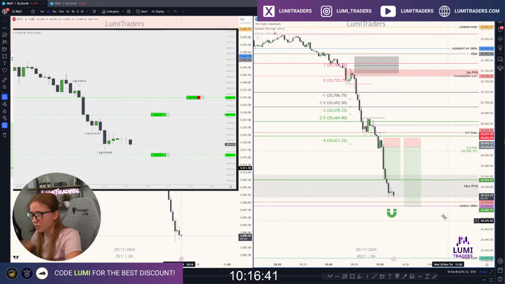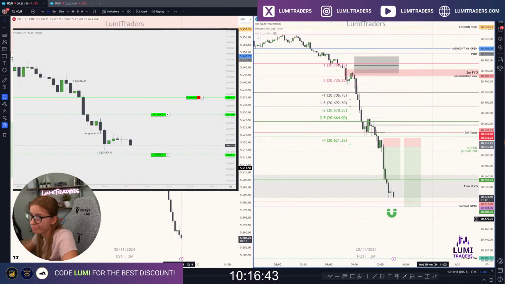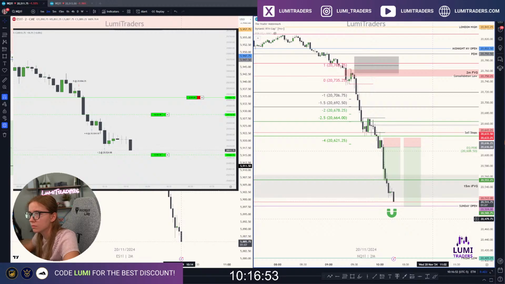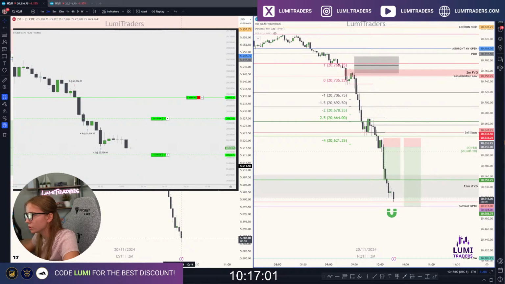No reason to put another partial right here, I guess. Like this, I'm going to move my stop around this first liquidity level. I'm going to just move my stop loss. No reason to take partial here. It's like 8 points difference between the Sunday open and this liquidity level.